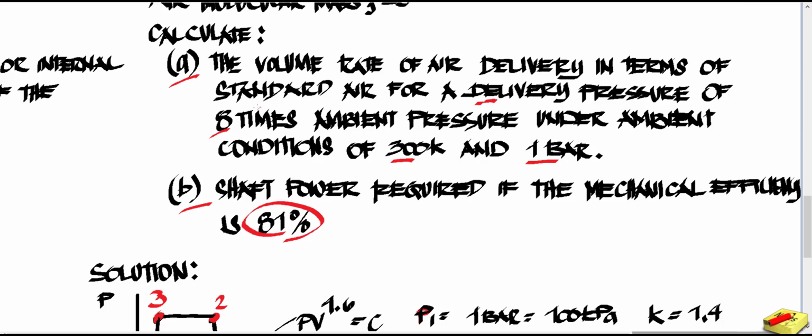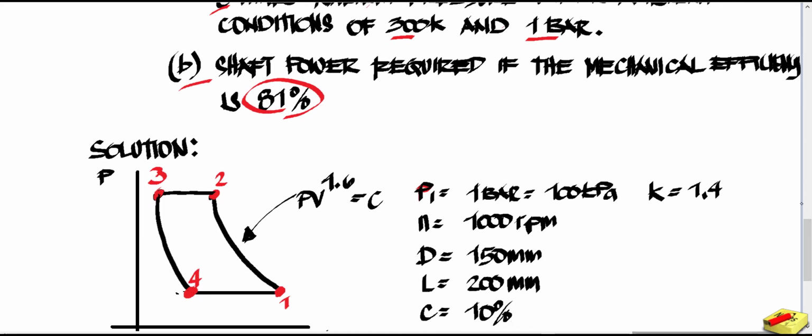So that is 8 times the ambient pressure. Our ambient pressure is 1 bar, so we can write the equation for the value of your P2 is equal now to 8 times your P1.